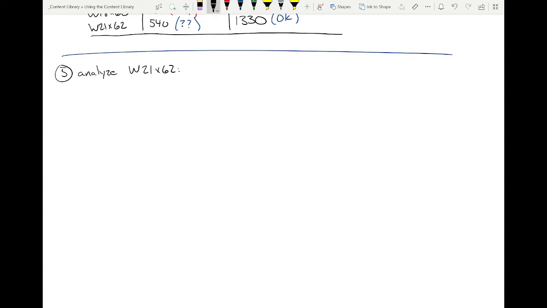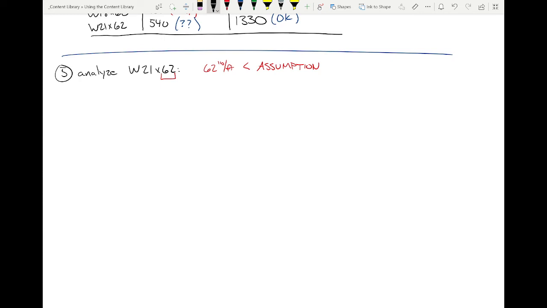When I look at W21 by 62, the first thing I clue into is that number 62. What does that number tell me? The weight per foot, but what does that tell me? It's lighter than what we assumed. We assumed that the beam weighed 100 pounds per foot. So 62 pounds per foot is less than the assumption. So we don't need to update MU and VU. We can just use them from before. And if it works for that, it is certainly going to work for that weight.